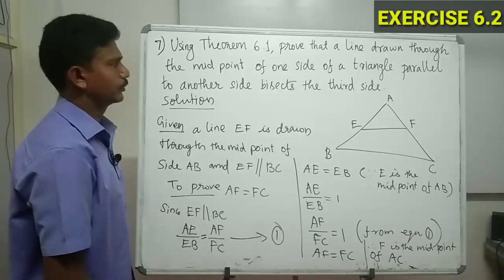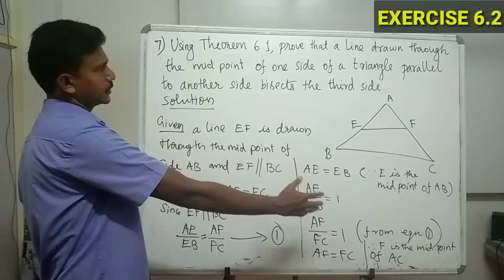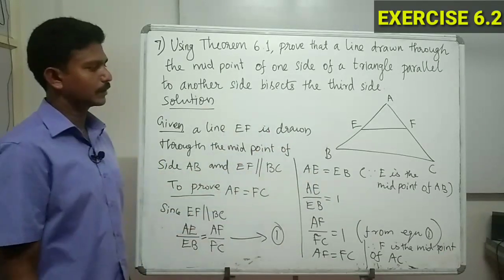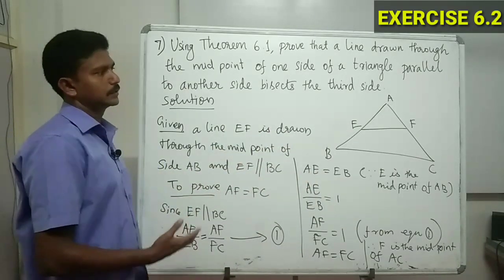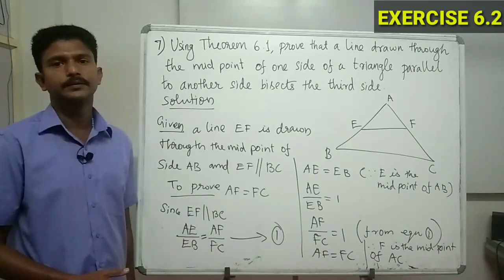If F is the midpoint of AC, then we can say the line bisects the third side, right? That is proved from this.